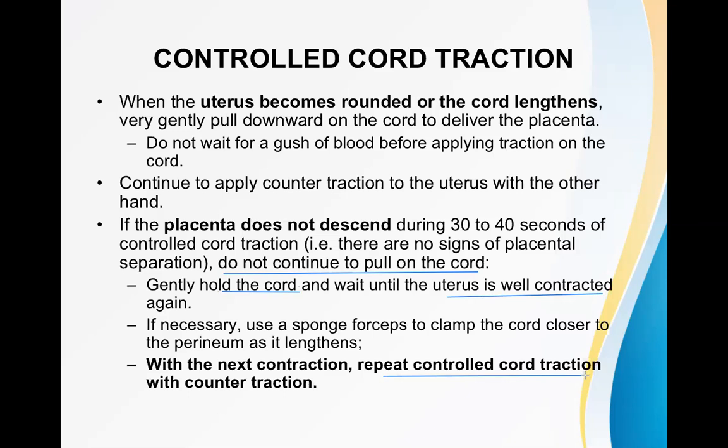And give counter traction all the time, or push the uterus at the suprapubic side all the time when you give a good amount of pulling. And that is done by the use of sponge forceps, which you have used to clamp the cord closer to the perineum.